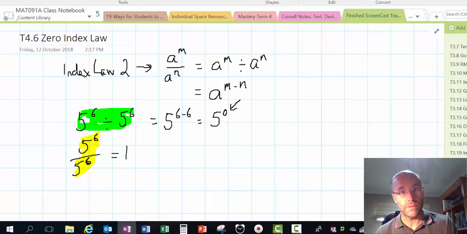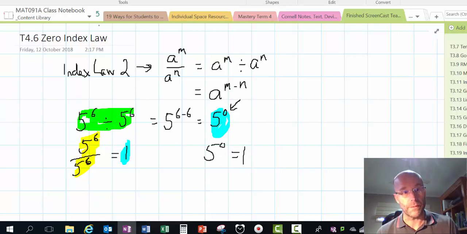So these two things are equal to each other. 5 to the 6 divided by 5 to the 6 equals 5 to the 0, and it also equals 1. So that implies that 5 to the 0 equals 1.